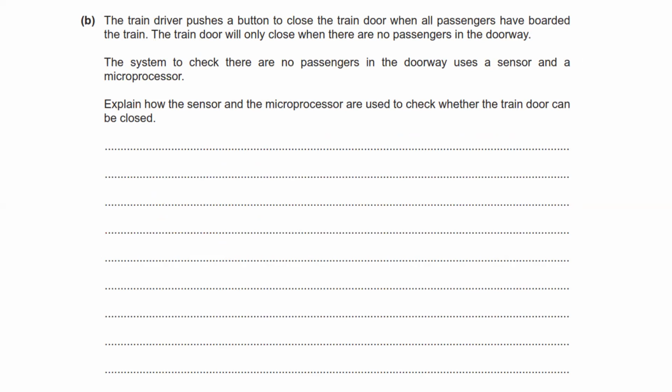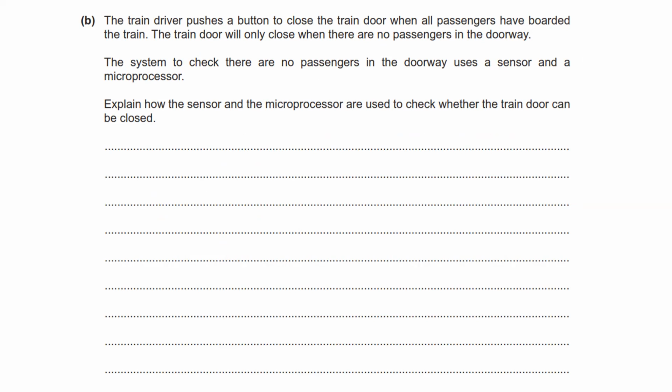Then the next part says the train driver pushes a button to close the train door when all passengers have boarded the train. The train door will only close when there are no passengers in the doorway. The system to check there are no passengers in the doorway uses a sensor and a microprocessor.